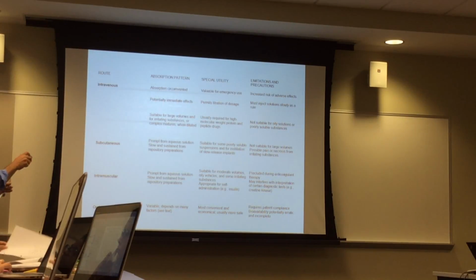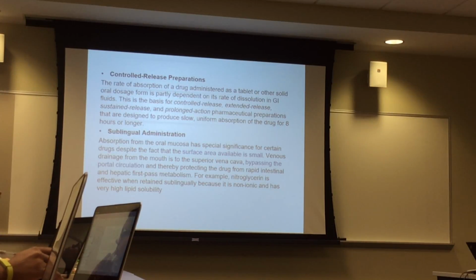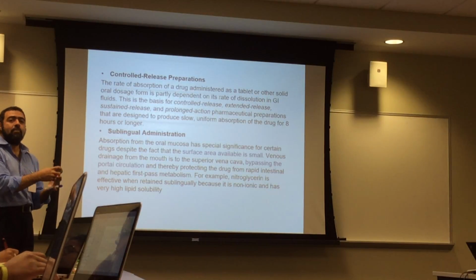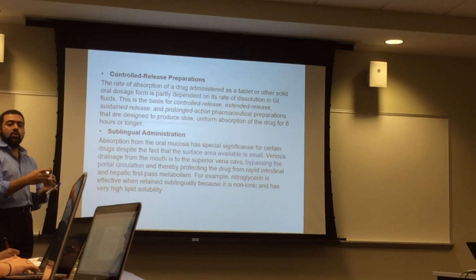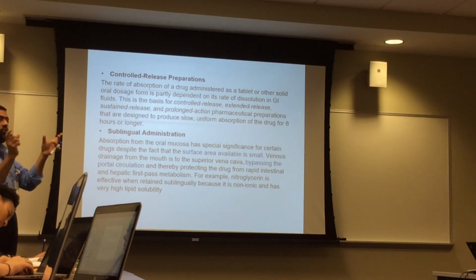That tells you what the different routes of administration are, what's good and what's bad for them. Controlled release preparation. The advantage of controlled release is simply that you're delaying the absorption, which means you cover a longer time of drug action versus acting for a short term.